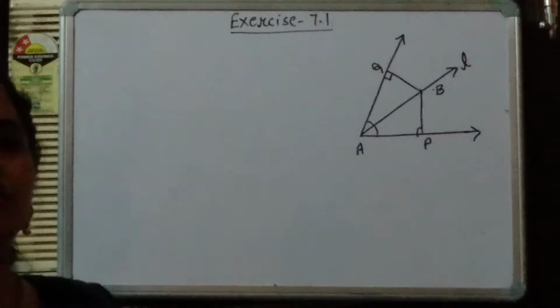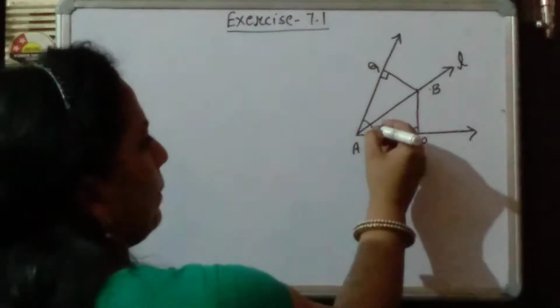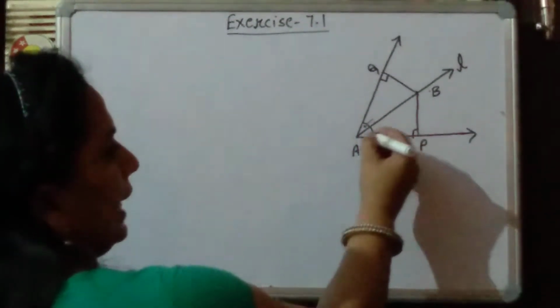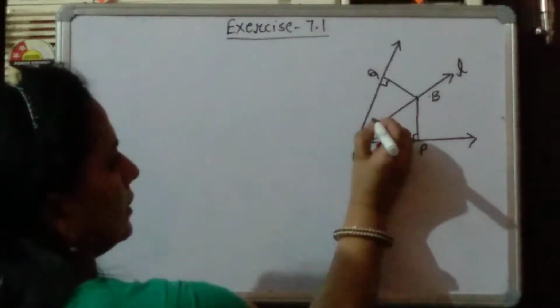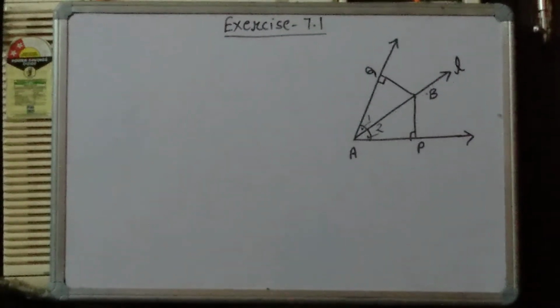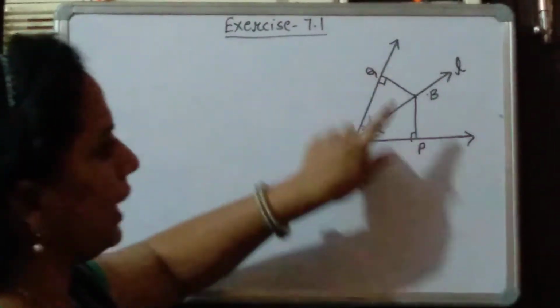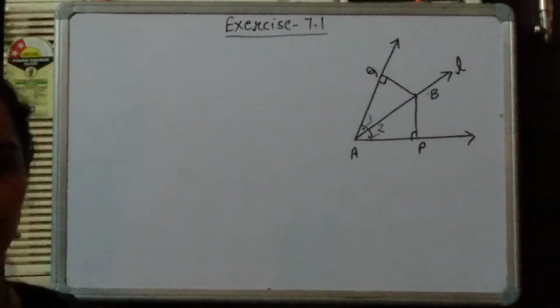Bisector means which divides an angle into two equal parts. That means the upper part of this angle is equal to the lower part of this angle. We can say that angle 1 and angle 2. Next, here Q and P are 90-degree angles. So this is given in the question.